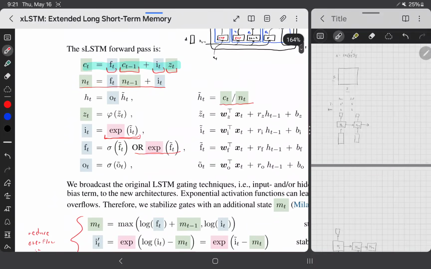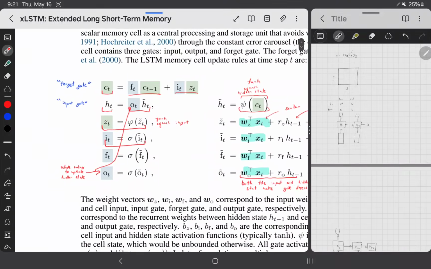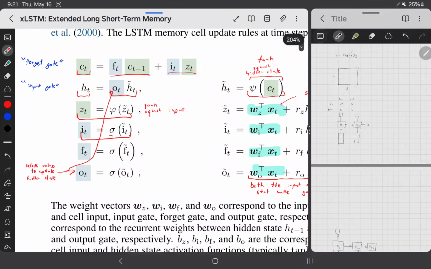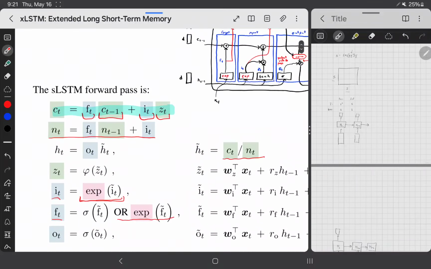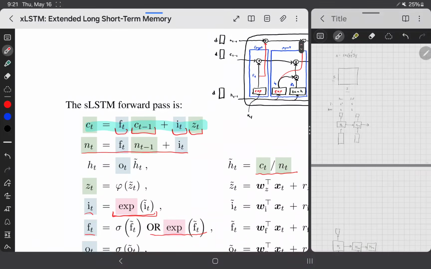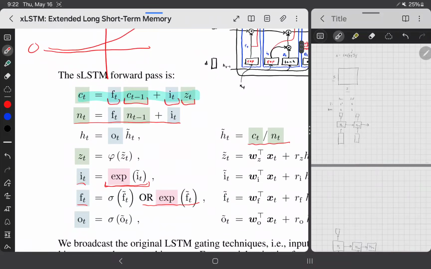So we have i_t and f_t, the input and forget gates, which were sigmoids, but they're now exponential functions. This is to allow drastic additions or drastic removals. In an exponential, you basically have your curve here that goes to 0, so instead of being between 0 and 1, you have between 0 and infinity.